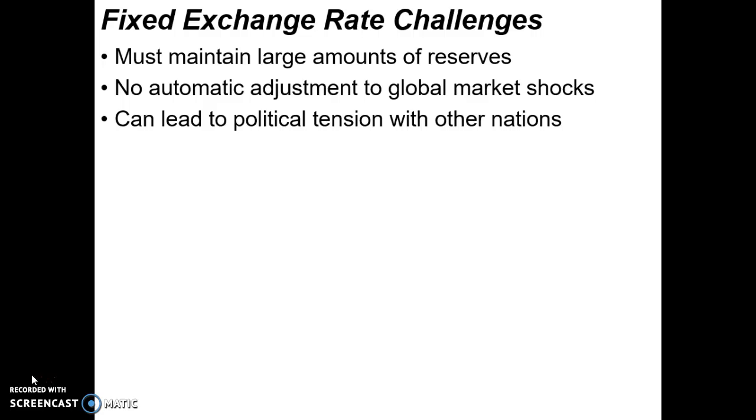And the big one is really political tension, and this is a good example using China and America. For a long time, and even still, American politicians will say China cheats, and they mean that China is keeping their currency artificially low to keep making their goods competitive. The problem with doing that is as China keeps their goods competitive, all other goods remain not competitive because they can't compete against the low-priced Chinese goods.